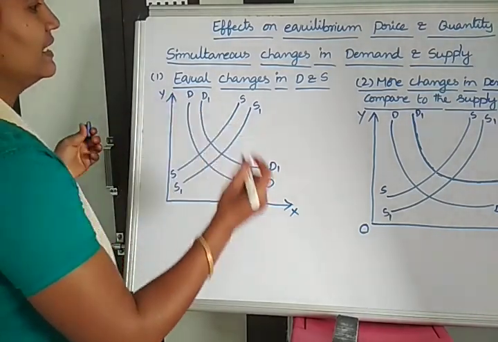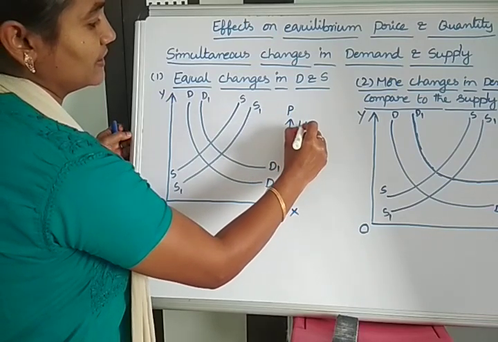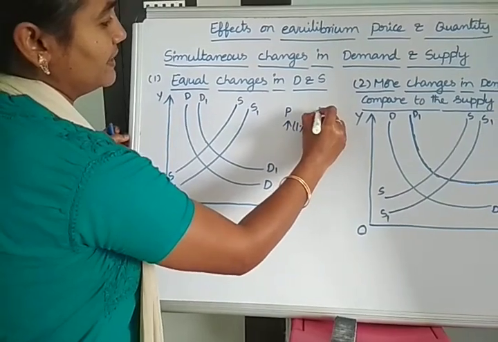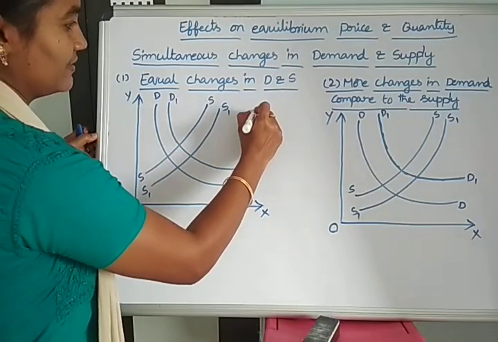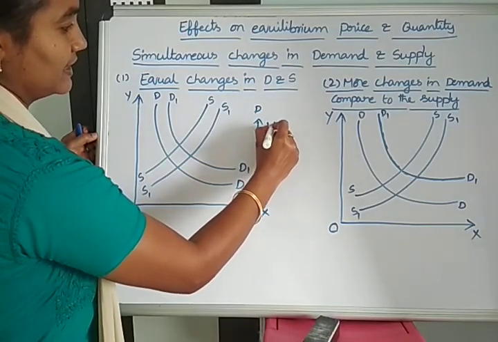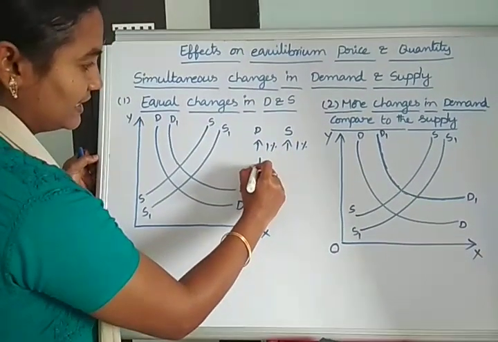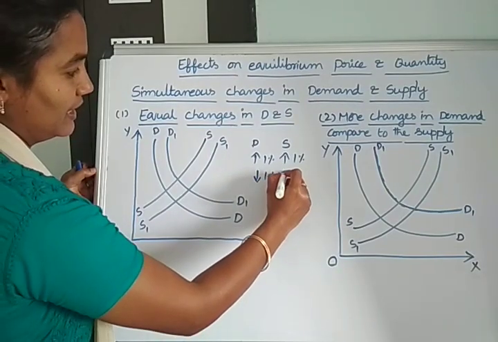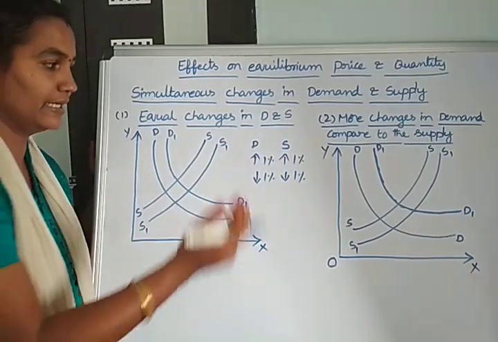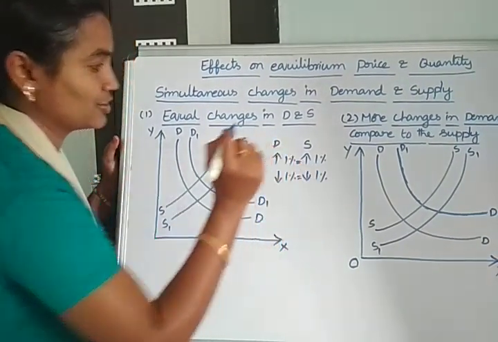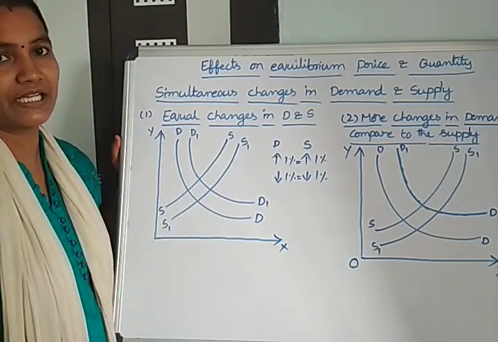For example, if demand increases 1%, supply also increases 1%. If demand decreases 1% and supply decreases 1%, either increase or decrease, the changes in quantity demanded and supplied are equal. Then what is the effect on price and quantity?